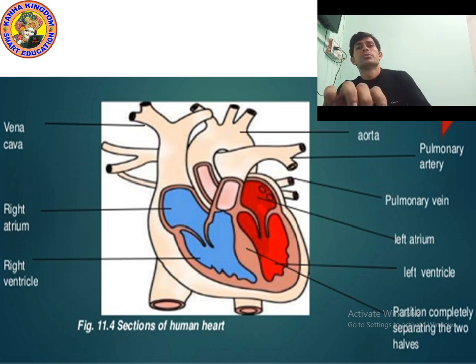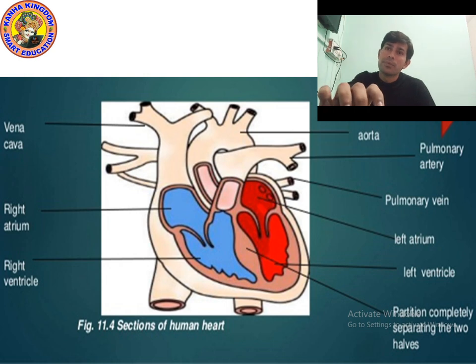So this is the diagram. From the vena cava the blood reaches into the right atrium. Through the right atrium the blood goes into the right ventricle. From the ventricle it reaches the lungs, and from the lungs it gets oxygen, so it becomes oxygen rich blood.